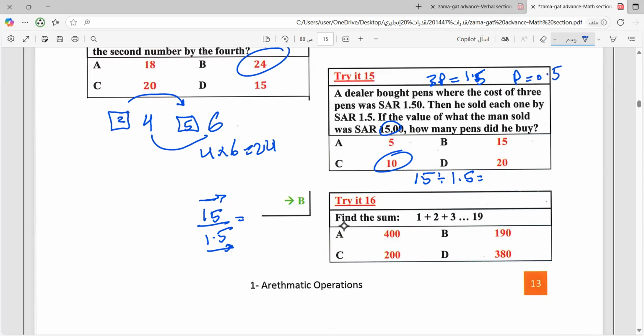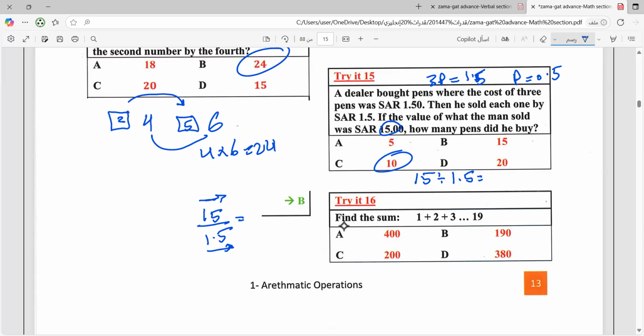Clear? The value of what the man sold was 15 riyals. How many pens did he buy?